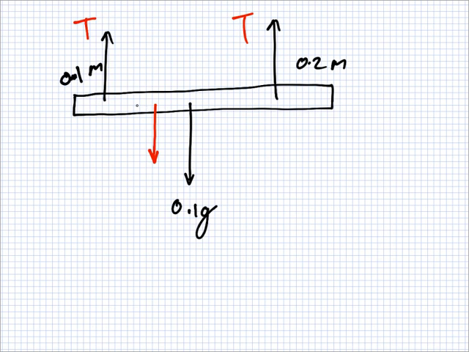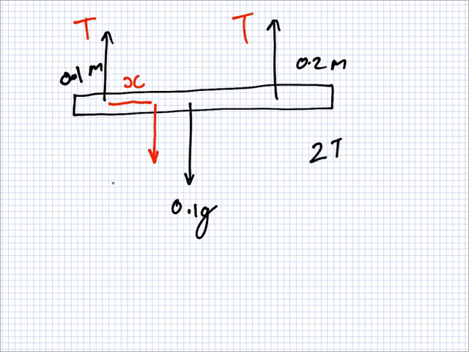Now I'll just call the distance here to here X, and I want to figure out what the X is. So do we understand the picture? Right. So, what's the total forces going up? It's 2T.